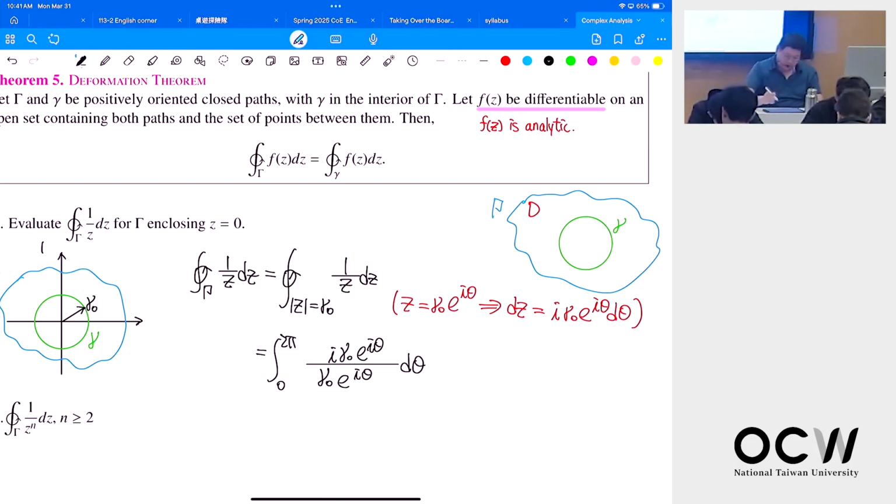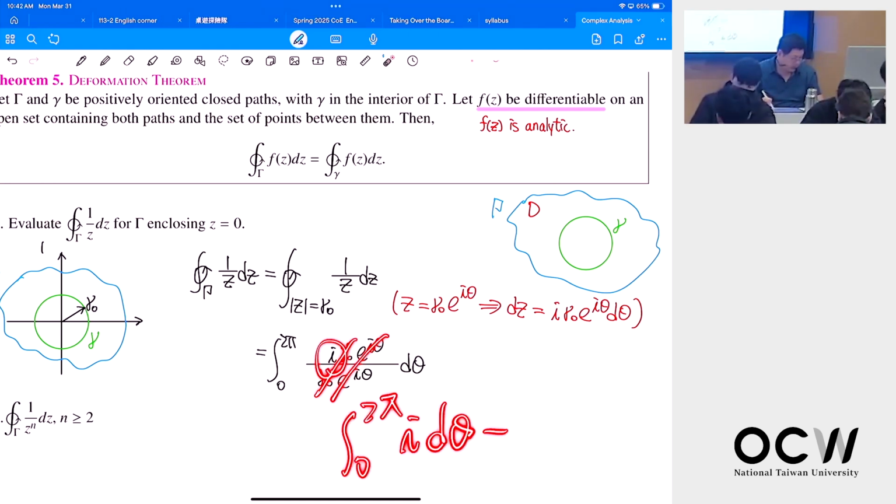So they cancel out. So I have the integral from 0 to 2 pi of i d theta. Then you get 2 pi i.